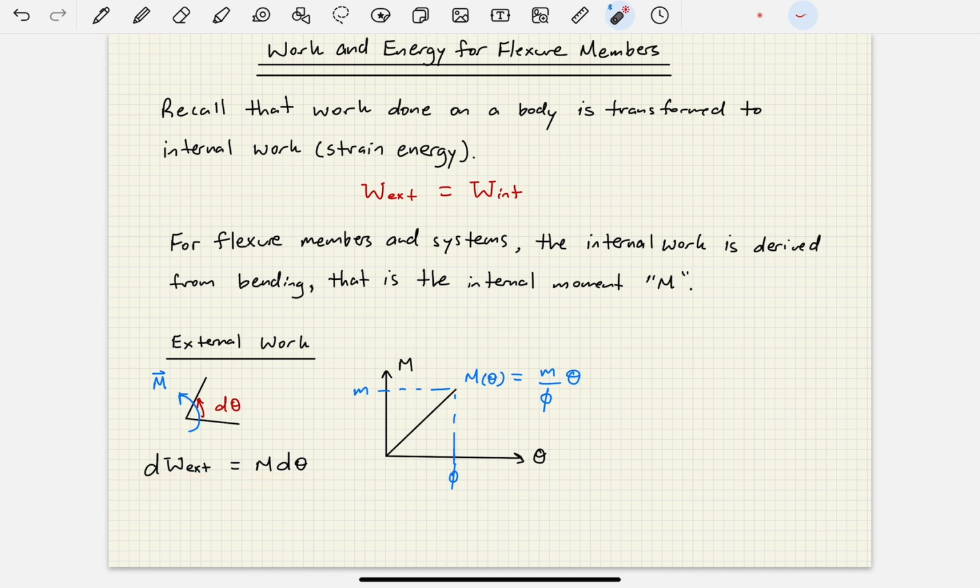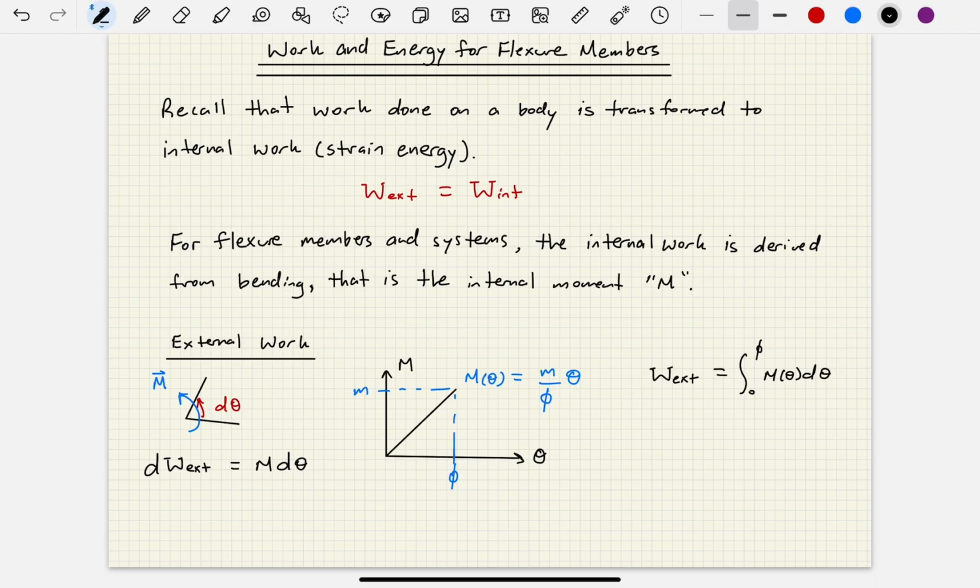This is a separable differential equation. So I could put an integral on both sides and find what W external is. So let's go ahead and write that. I'm going to say W_EXT is going to be the integral from 0 to phi of M as a function of theta d theta.